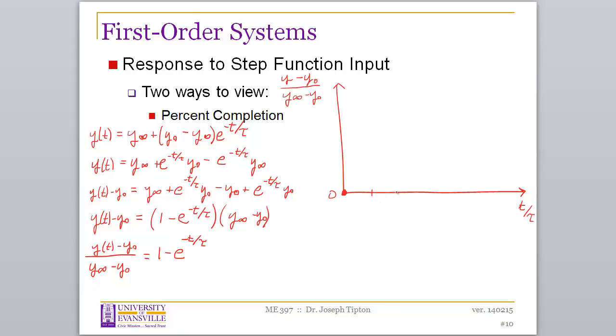I'll break this into a few factors, 1, 2, 3, 4, and 5. So after one time constant has passed, I end up with 1 minus e to the minus 1. This is going to look something like this. 1 minus e to the minus 1 gives me 0.632.